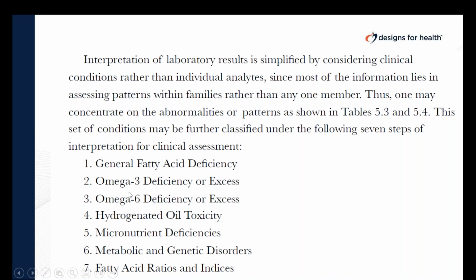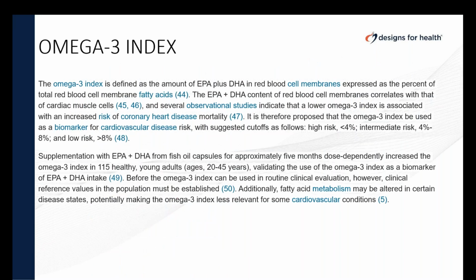And then we also talked about micronutrient deficiencies and genetic disorders. It's pretty complicated. But the most common thing that you actually see are the genetic disorders where the person can't make fatty acids properly because of the way they were born. There's also a very famous marker called the omega-3 index, defined as the amount of EPA that I mentioned, eicosapentaenoic, plus DHA in the membranes, expressed as a percent of the total red blood cell membrane fatty acids.